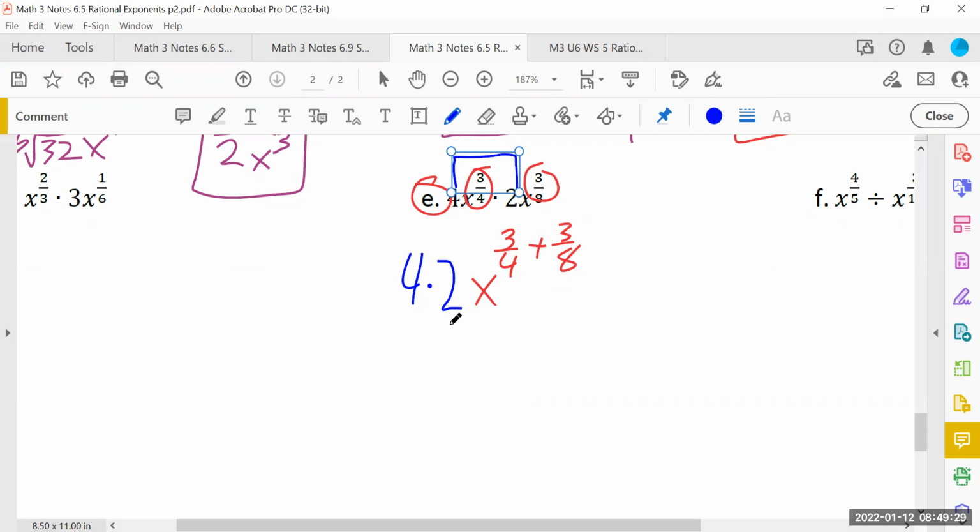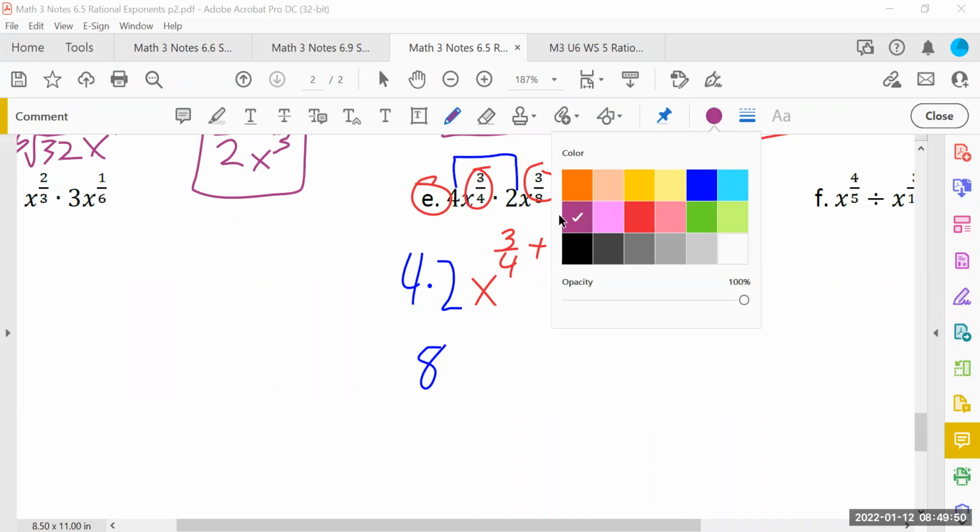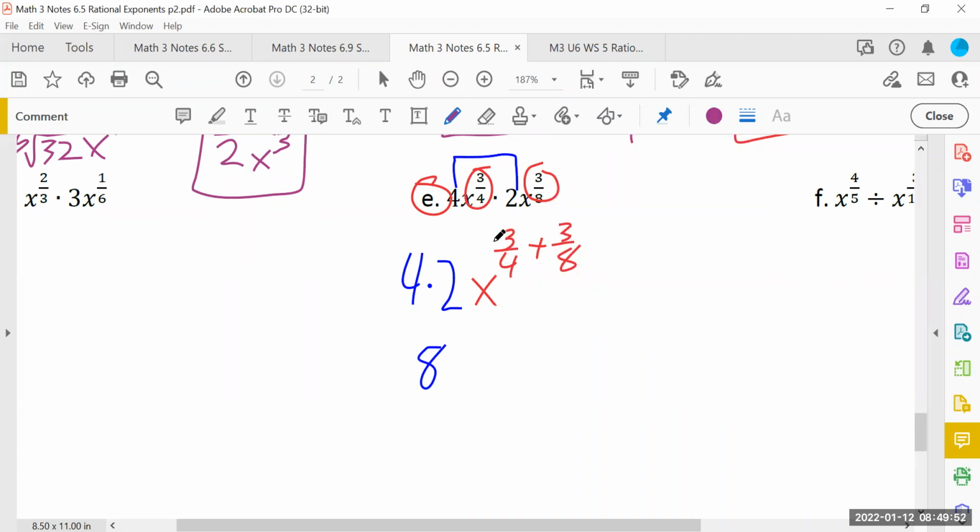So here, 4 times 2 makes 8. For the x, I need a common denominator. We're still doing that. Looks like 4 is not quite big enough, though. We need 8. So I'm going to make this one, let's use a different color here, multiplied top and bottom by 2 times 2 times 2.